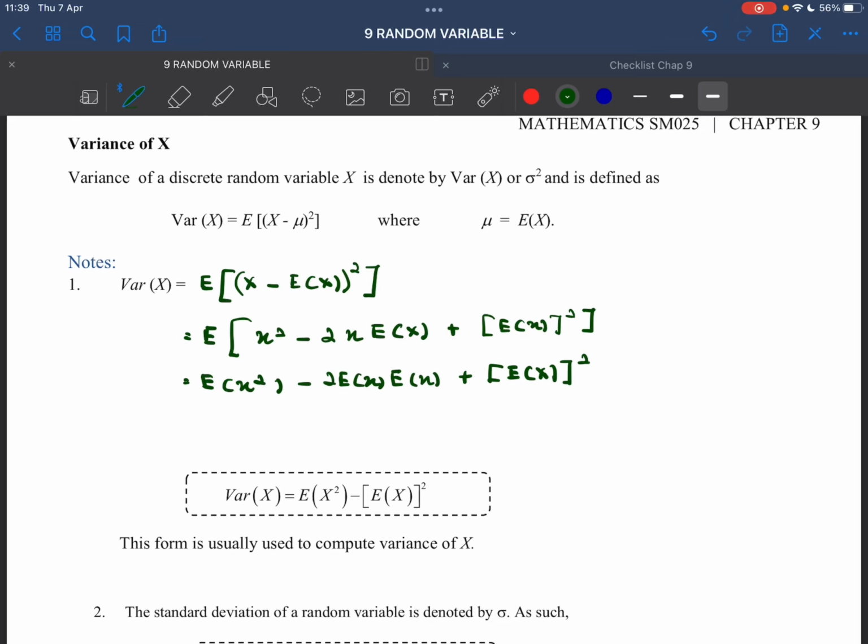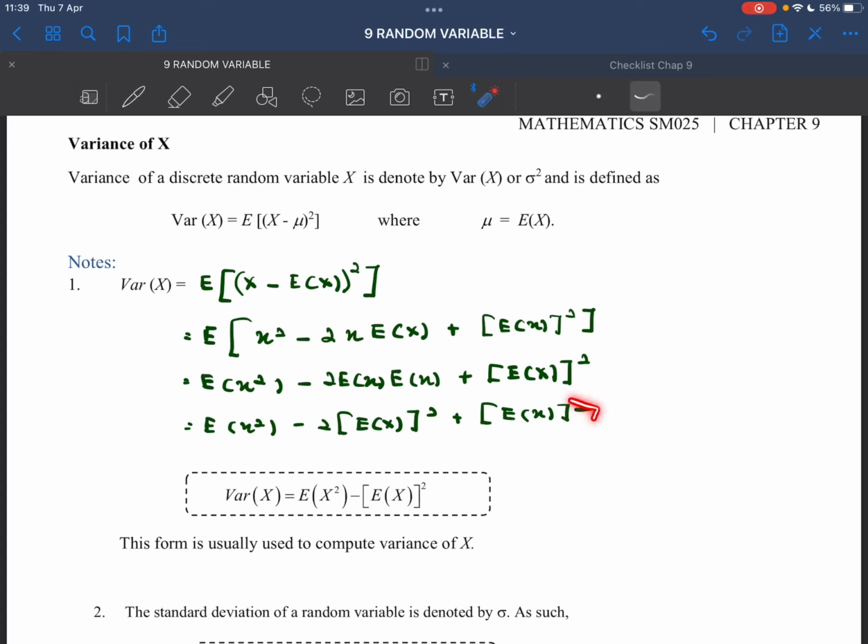Now what happened is this one here we have E(X squared). This one is the same as minus 2 (EX) squared, equals E(X squared) minus 2 (EX) squared. This one is (EX) squared, plus 1 (EX) squared, which is the same thing as the previous one.